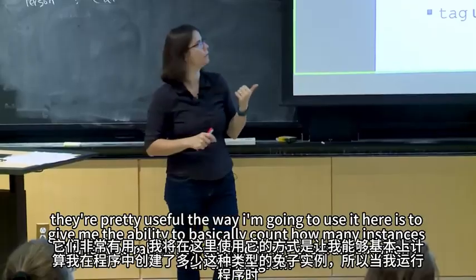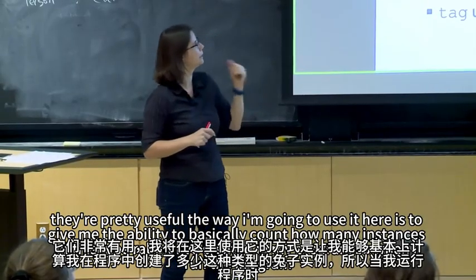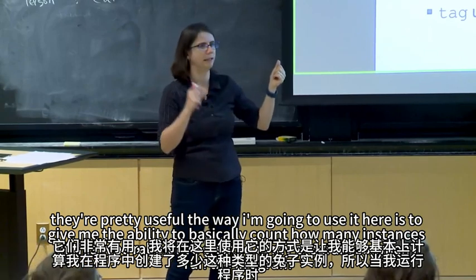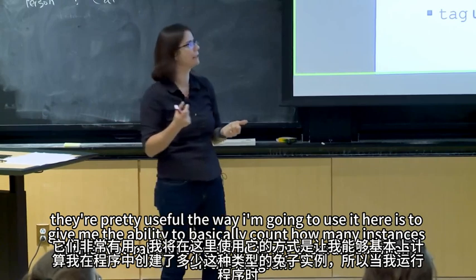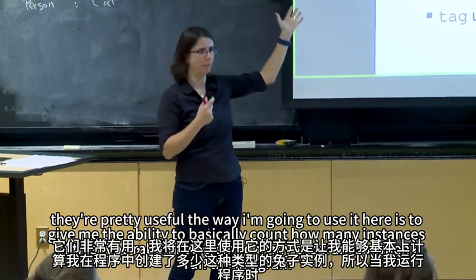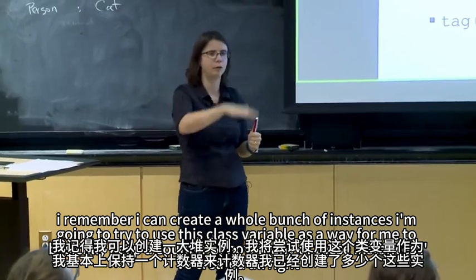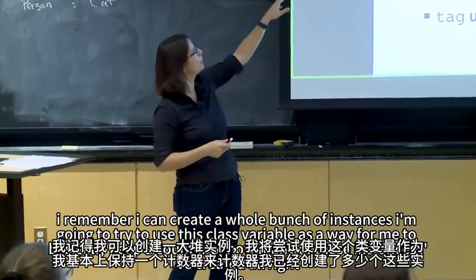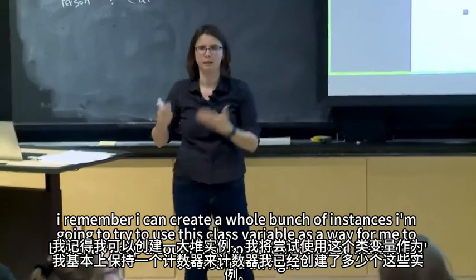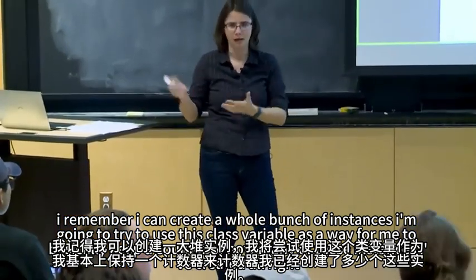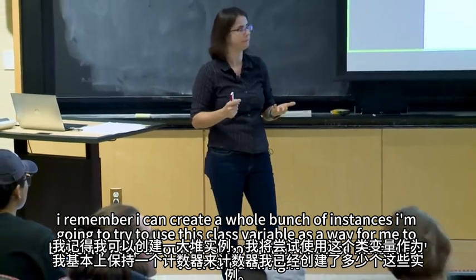The way I'm going to use it here is to give me the ability to basically count how many instances of this type rabbit I've created in my program. So when I run the program, I can create a whole bunch of instances. I'm going to try to use this class variable as a way for me to basically keep a counter of how many of these instances I've created.